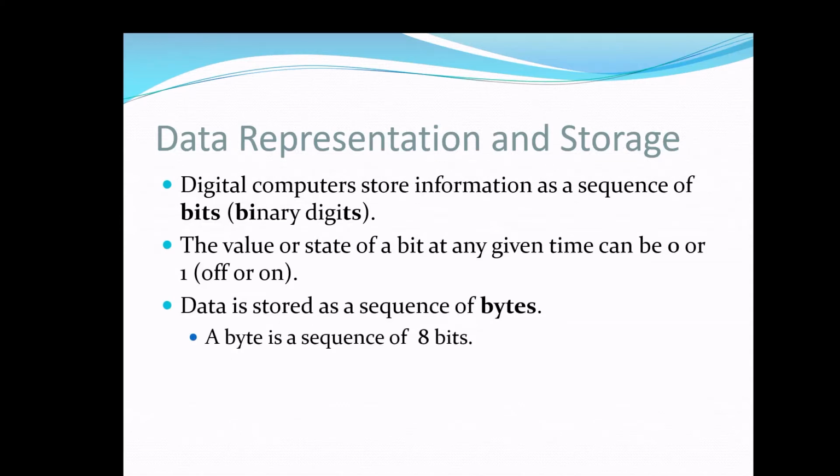A gigabyte is approximately 1 times 10 to the 9 bytes. Since it's in base 2, it's close to that, so we'll just say that. And a terabyte is 1 times 10 to the 12 bytes. Okay, so a byte is just a sequence of these 8 bits.